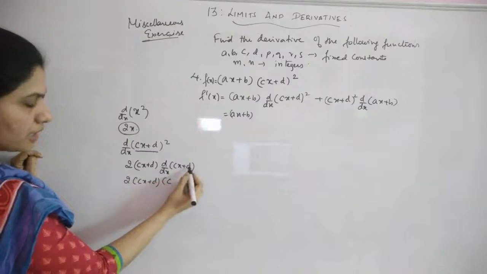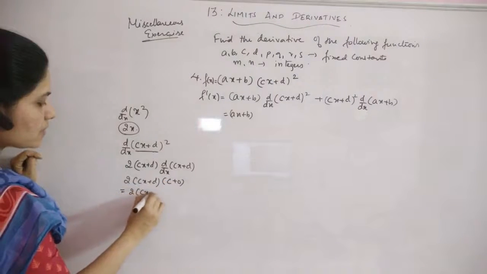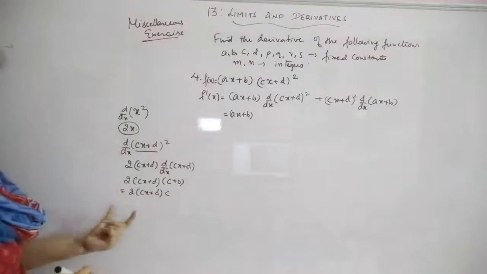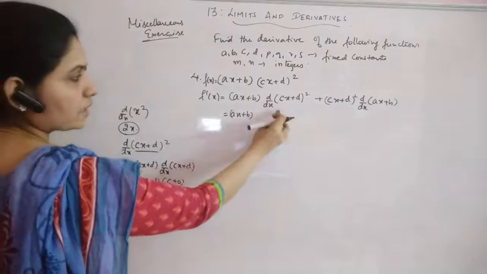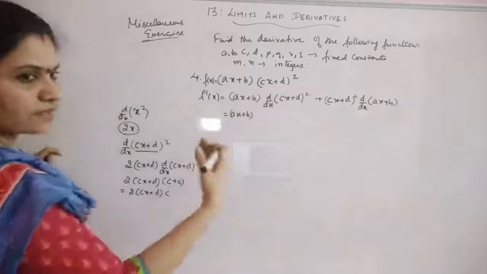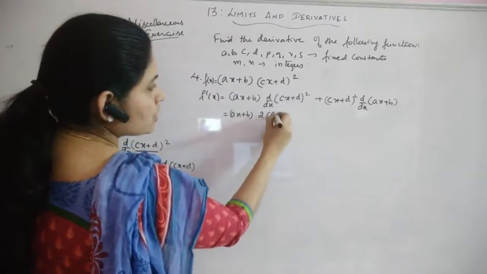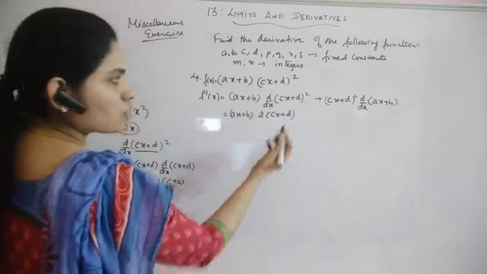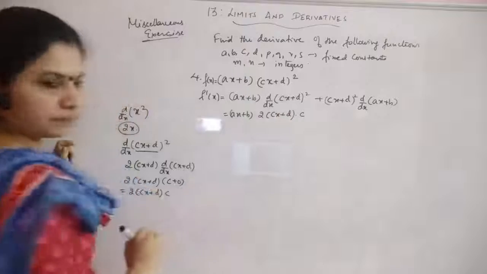And the derivative of d, again a constant, gives 0. So you are getting 2 into cx plus d into c. Understood? So this will be written in place of this. So when you think orally, the derivative of cx plus d the whole square is 2 into cx plus d into the derivative of cx plus d, and that will give you c.